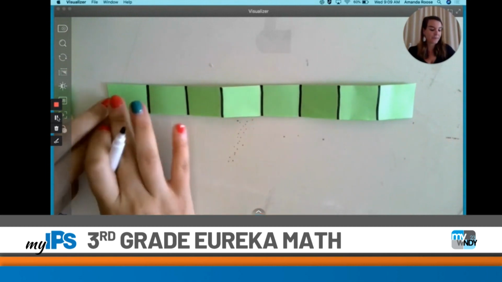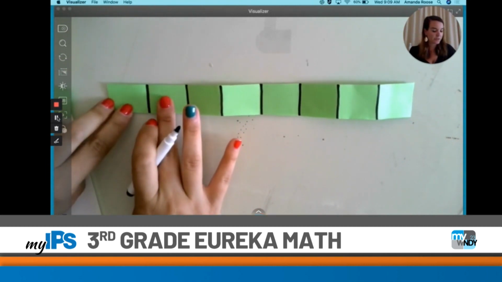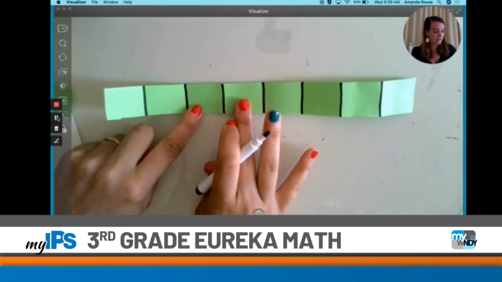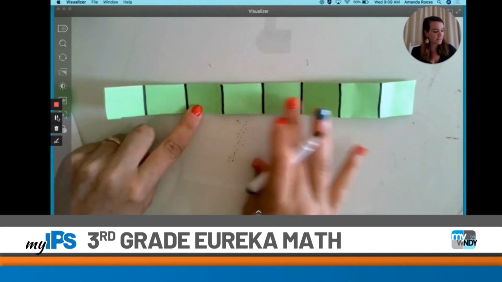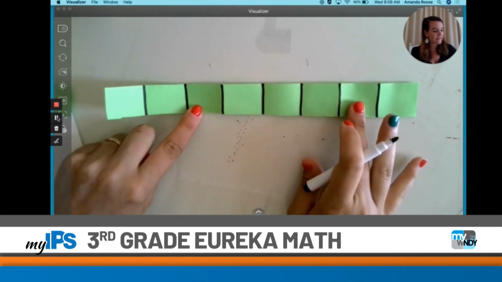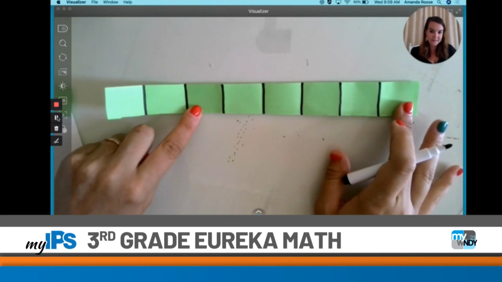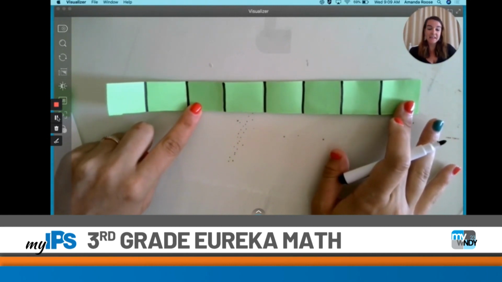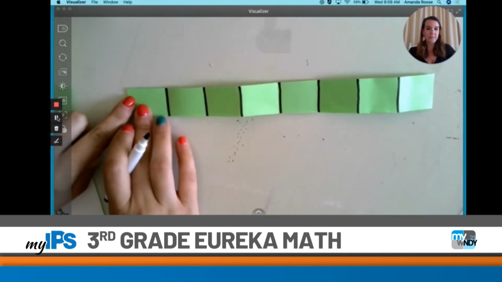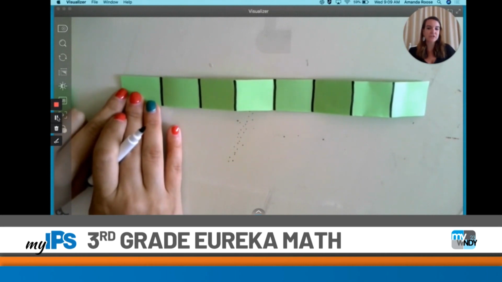Let's see. 1, 2, 3, 4, 5, 6, 7, 8. I have 8 equal pieces, but I only drew 7 lines. Okay, so if I have 8 equal pieces, what is 1 part? What fractional unit is 1 part of my whole?